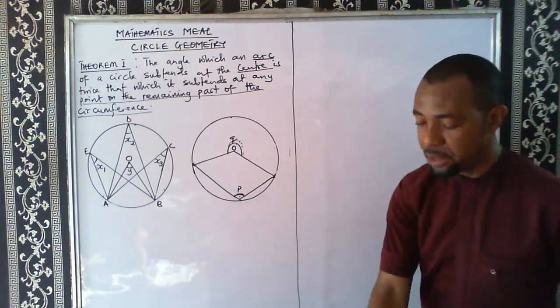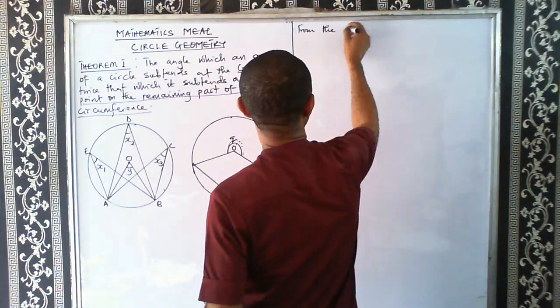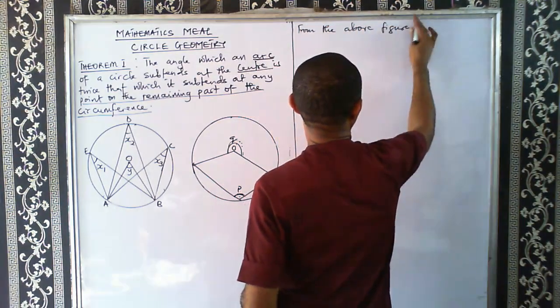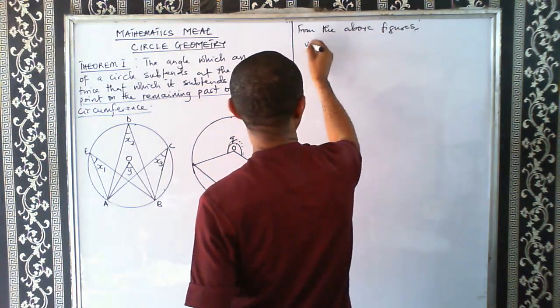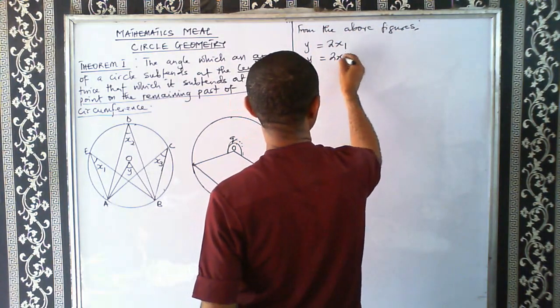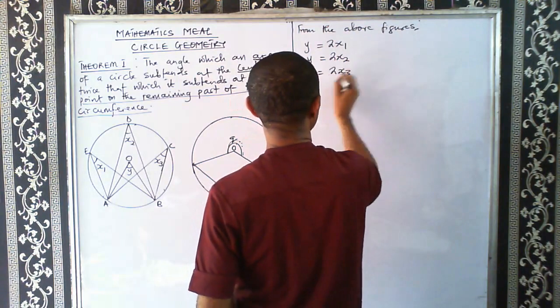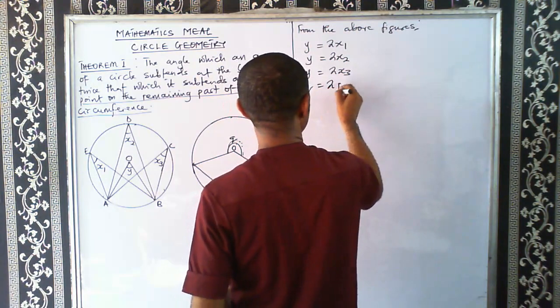So from the above figures, we can actually say that y is equal to 2x1, y is also equal to 2x2, and y is also 2x3. Then q is equal to 2 what? 2p.